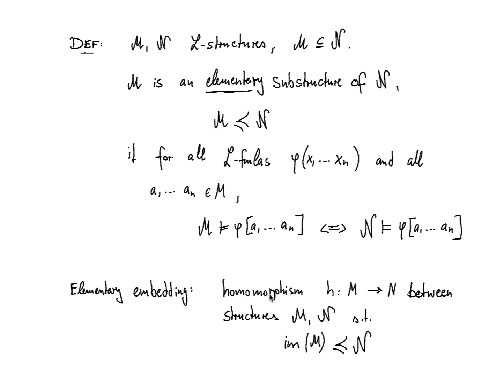So homomorphism for structures, recall, means we can define a mapping that preserves essentially all functions, constants, and relations between M and the image. And if we can choose a homomorphism so that we can actually embed M into the bigger structure, so that the elementary substructure relation holds, then we call that an elementary embedding.